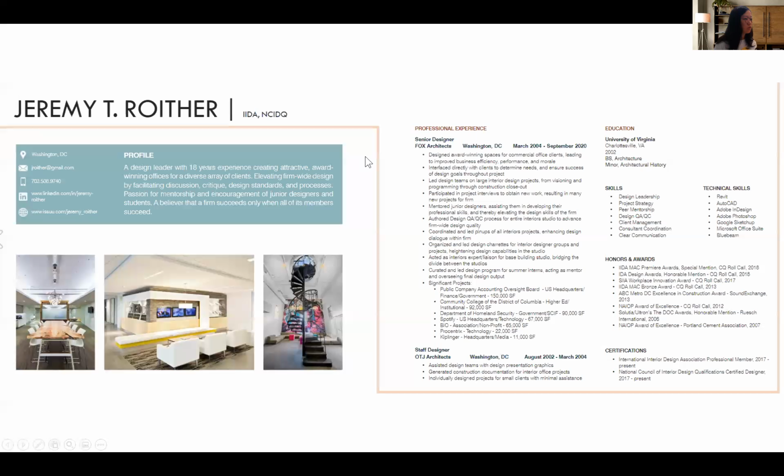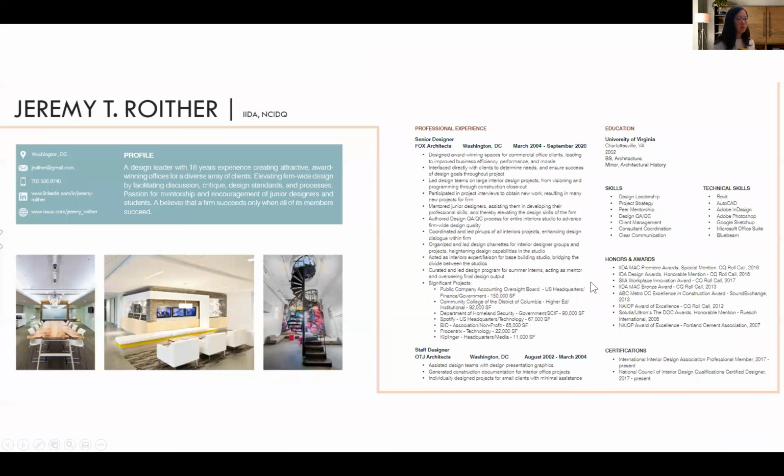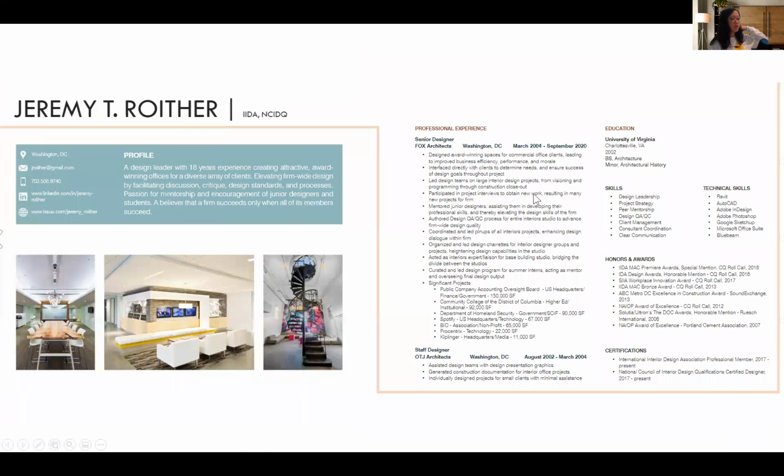Compared to the previous example, it looks busy, but the content itself is really simple. So you categorize experience. There are big titles: experience, interest, organization, education, soft skill, contact info, and all the information is simplified compared to the other person.